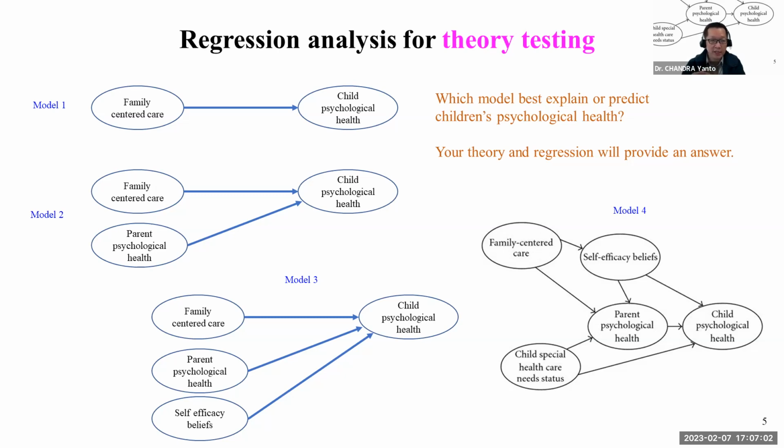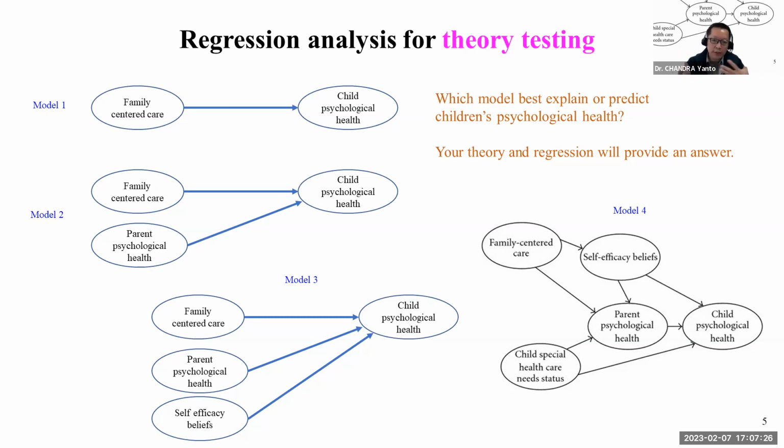And self-efficacy is not just a simple independent variable, but it becomes a mediator between family-centered care and psychological health. So from family-centered care, you theorize that family-centered care needs to increase the self-efficacy belief. And when self-efficacy belief is increasing or reducing, it can affect the child's psychological health up or down.